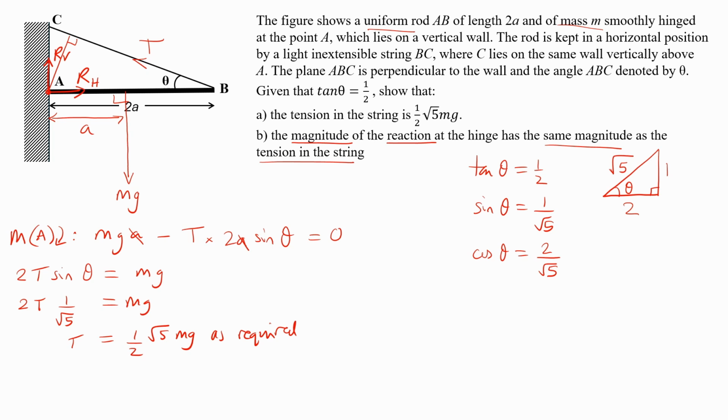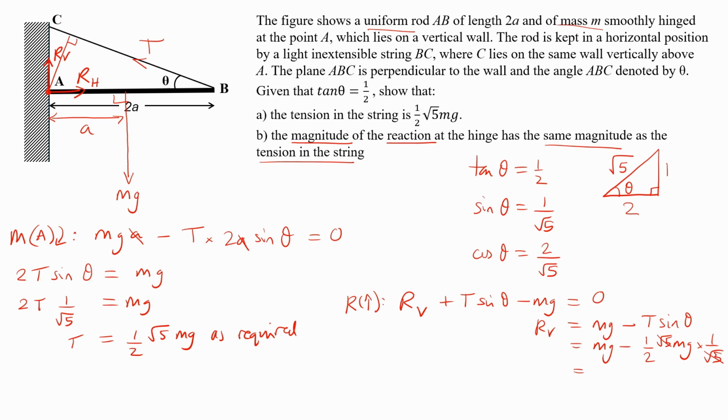So resolving vertically first and using the correct notation, we're going to get as follows: RV plus T sine theta minus mg equals 0. So the vertical component of the reaction at the hinge equals mg minus T sine theta, which cancels to give me half mg.